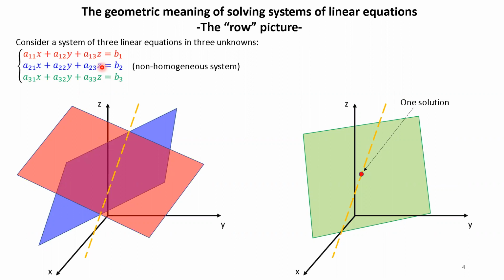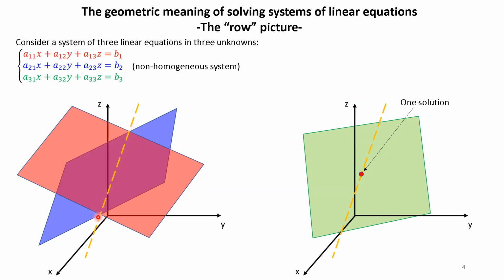First of all, let's consider the first two planes, the red one and the blue one. I don't draw the third one yet. With just these two planes, if they are not parallel to each other, you can see that there will be an intersection. But that intersection is not just a point. Instead, if you have two planes crossing each other, the intersection is defined by a line.